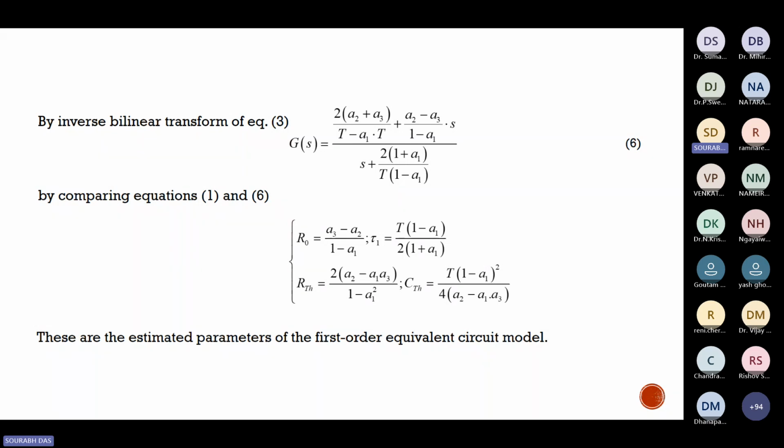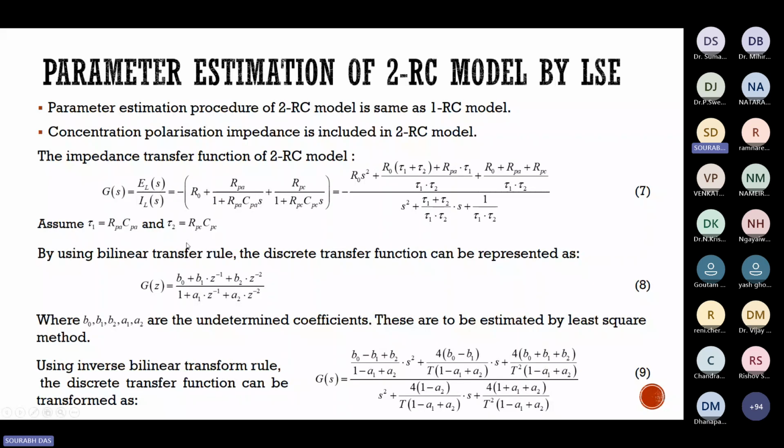Similarly, we can do this for the 2RC model. We can see that the concentration polarization voltage is included in this 2RC model. The voltage difference across R naught and RPA is due to the activation polarization, and this other one is due to the concentration polarization.